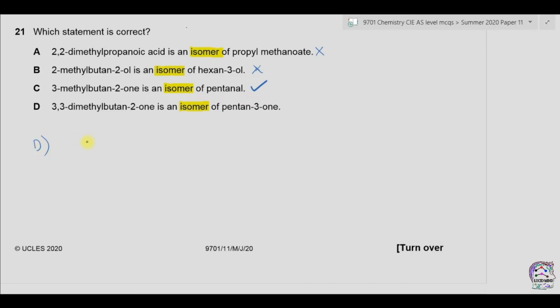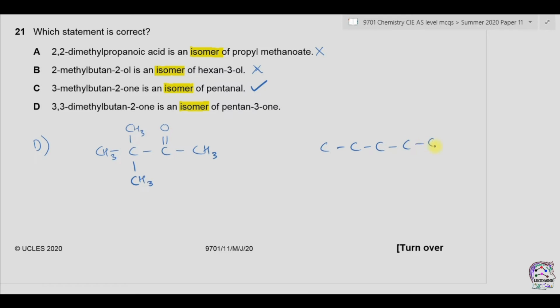Now part D. We have 3,3-dimethyl butane 2-one. So we have 4 carbon atoms, and on the second carbon we have a ketone, and on the third carbon we have 2 methyl groups. Now balancing with hydrogens. Pentane 3-one.